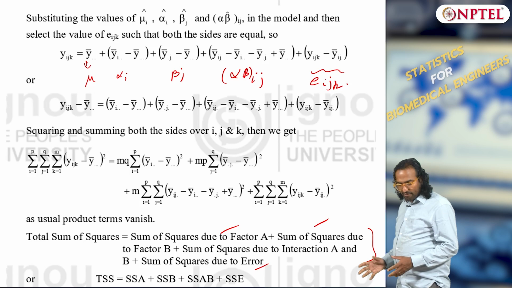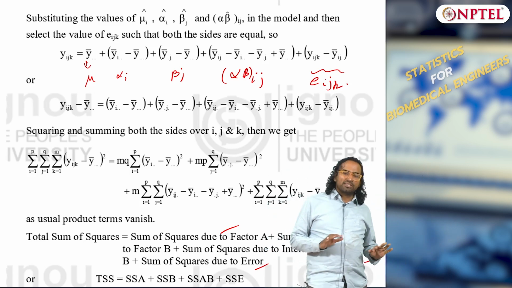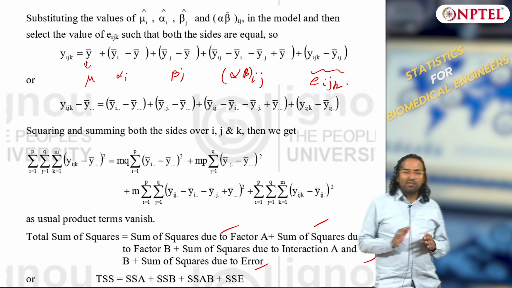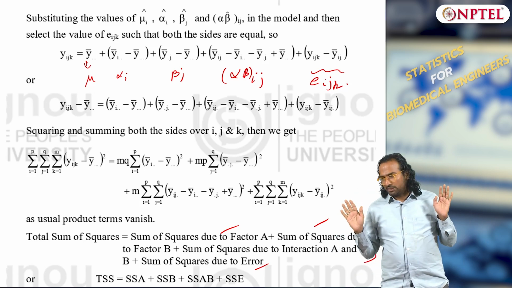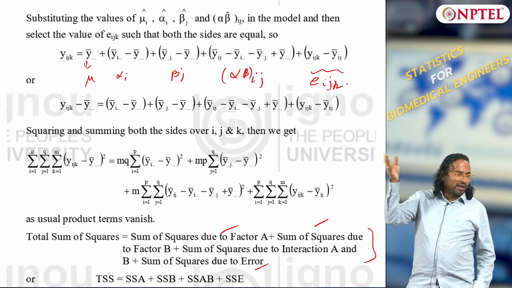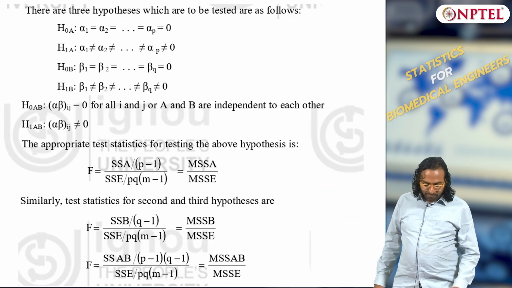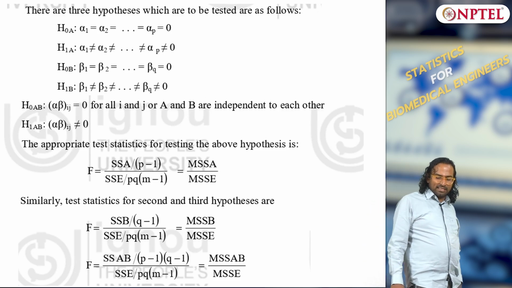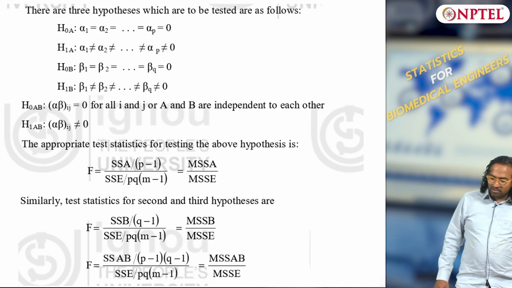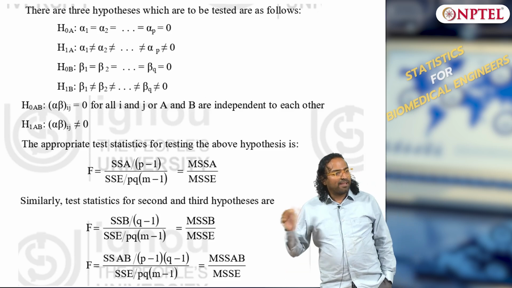So you have 4 different parts, A plus B plus AB plus error, like your Latin square and Greco-Latin, where you have parts; the interaction is something new. Now, as I said, these are the hypotheses one could make, either on the two main effects or the interaction part.